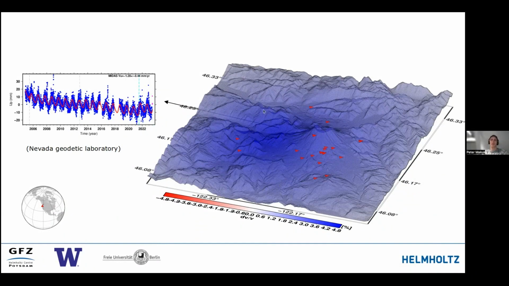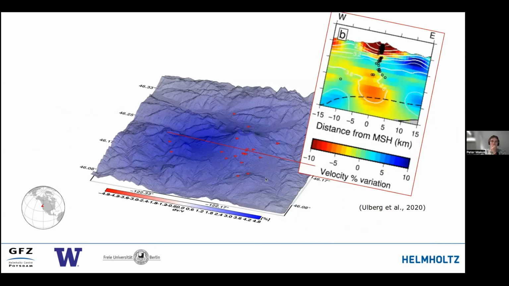Secondly, considering the location of this blob here, of this velocity increase, I had a look at tomography here. So this is combined surface wave and local earthquake tomography actually. And as it turns out, this block here is right above the feeding magma chamber of Mount St. Helens.